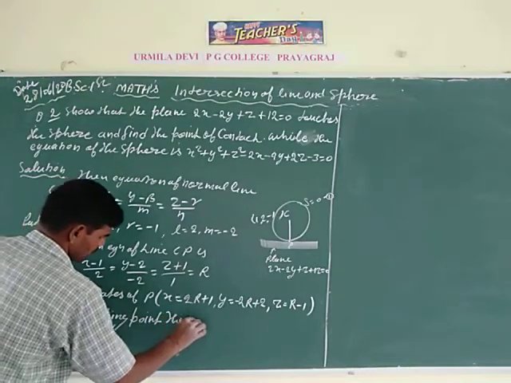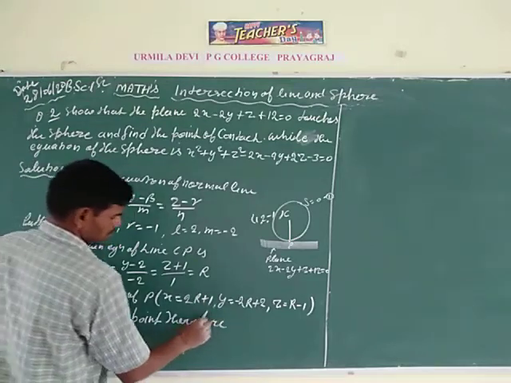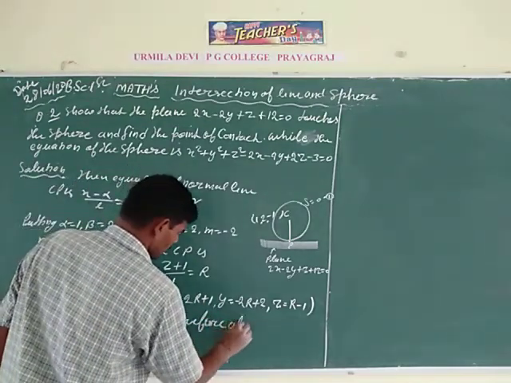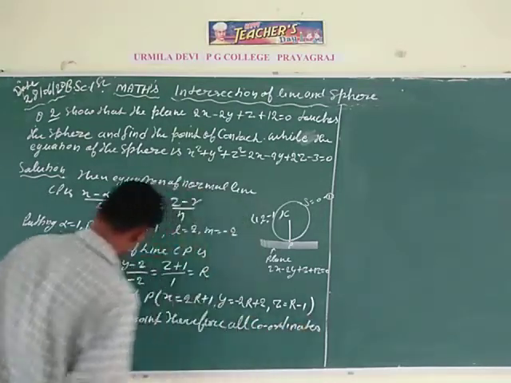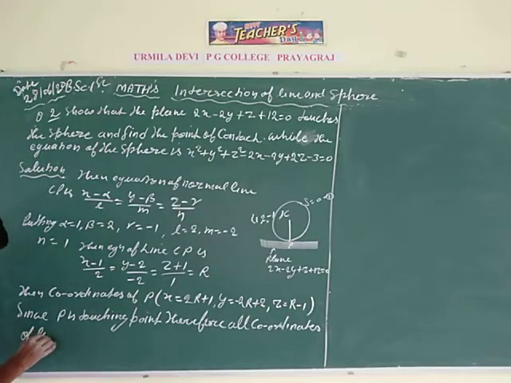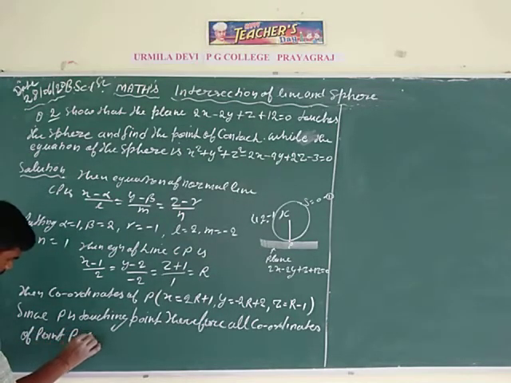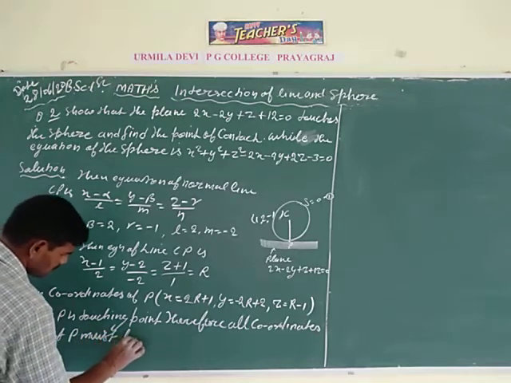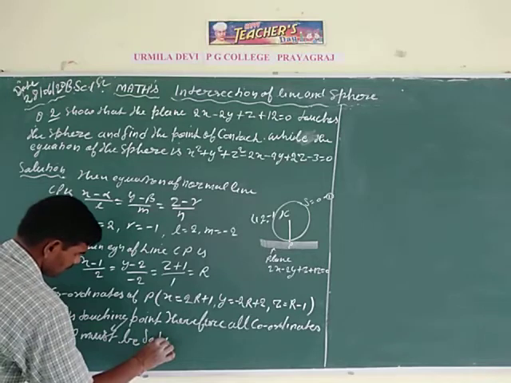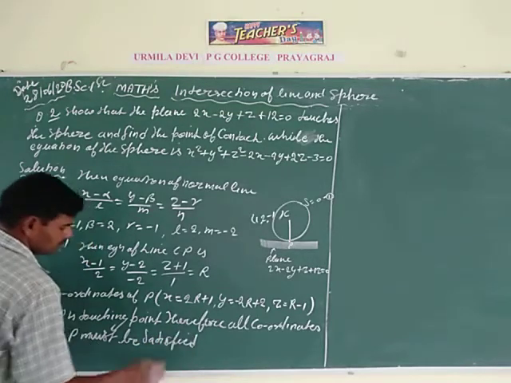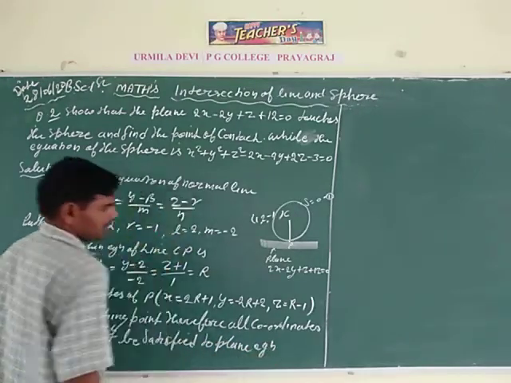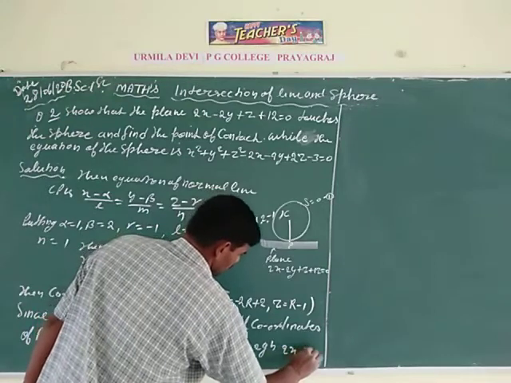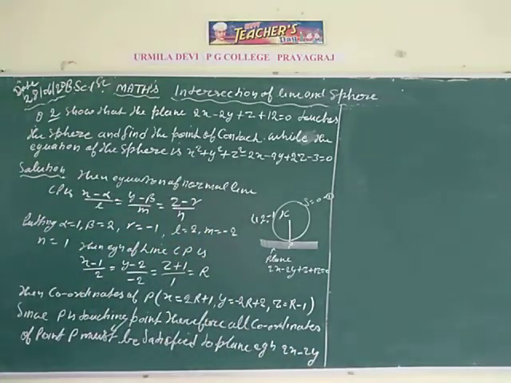therefore all coordinates of point capital P must satisfy the plane equation. Here the plane equation is 2x minus 2y plus z plus 12 is equal to 0.